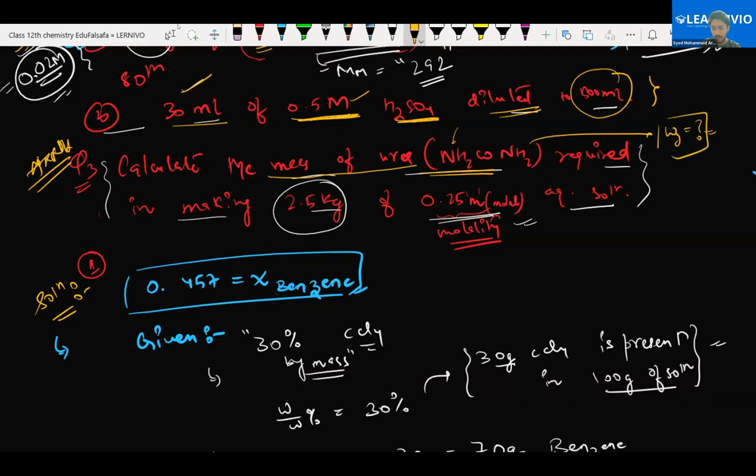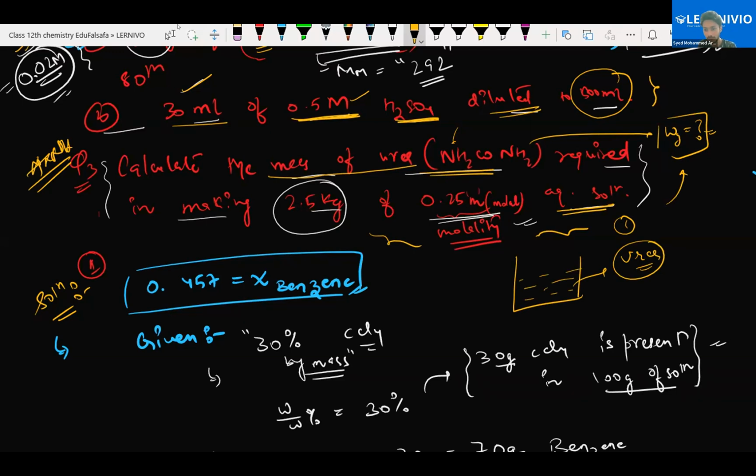The second thing I analyze is what data is given to me. 2.5 kg of aqueous solution is given. So we have a solution, a solution of urea, where urea is dissolved in water.